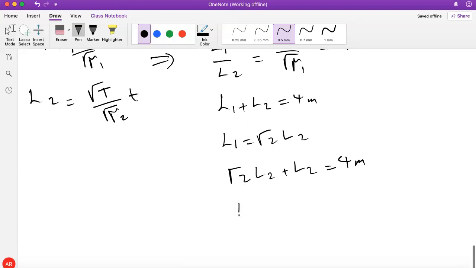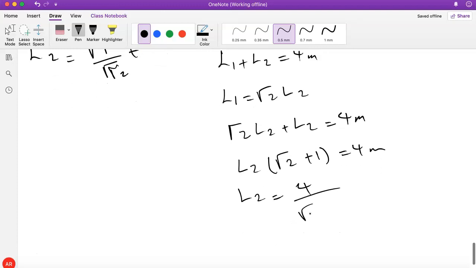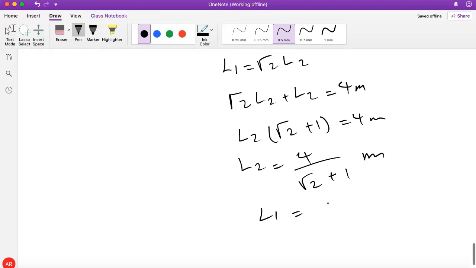I factor out the L2, so I get square root 2 plus 1 here, that's 4 meters. Then L2 becomes 4 over square root 2 plus 1, in meters, and L1 is square root 2 times that. So it's 4 times square root 2 over square root 2 plus 1, in meters.